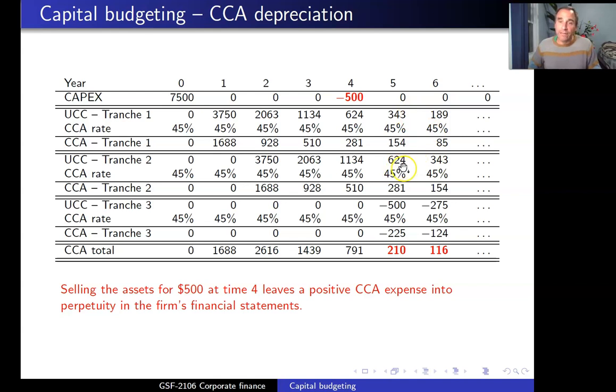So if we add 624 to 343, that gives $967. So as long as the assets are sold for less than $967, there will be positive CCA remaining in the asset class into perpetuity.